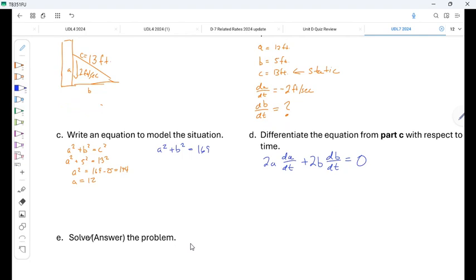All right, so we're ready to plug in and solve. So we have 2 times 12 times dA/dt, which we know is negative 2, plus 2 times 5 times dB/dt, which is what we are trying to figure out, equals 0.